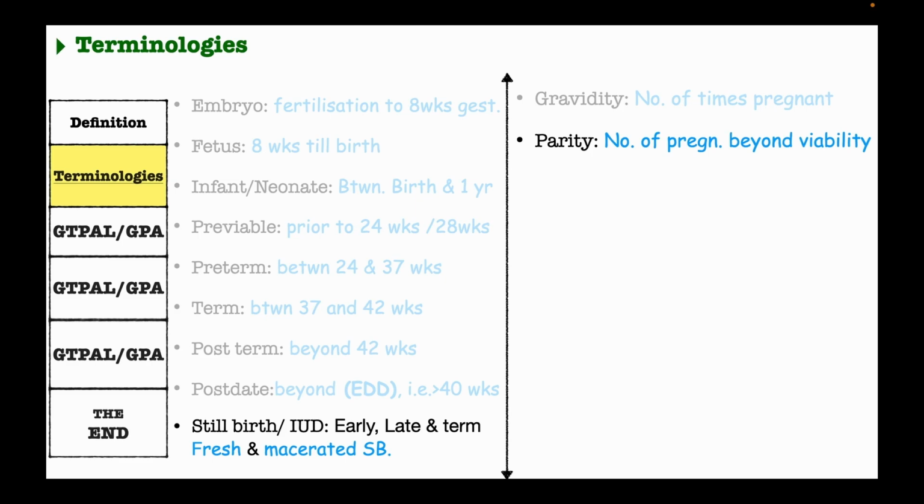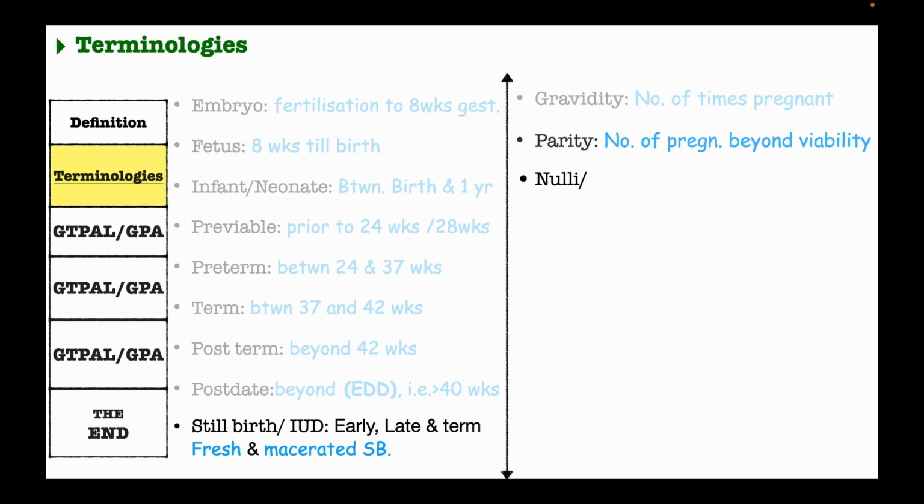And so over here, if the woman delivered before 28 weeks of gestation, we cannot count it as part of the parity of the woman. However, it forms part of the gravidity of the woman.